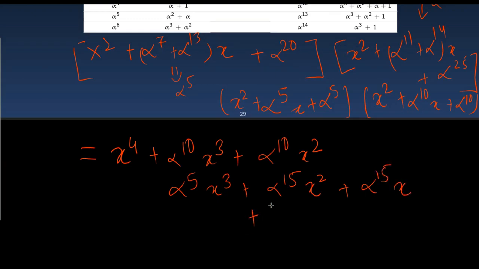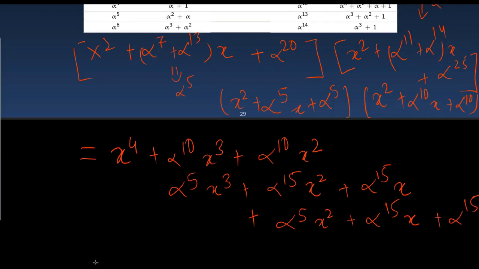And in the third line, when I do this, it will result in alpha^5 x^2 + alpha^15 x + alpha^15.